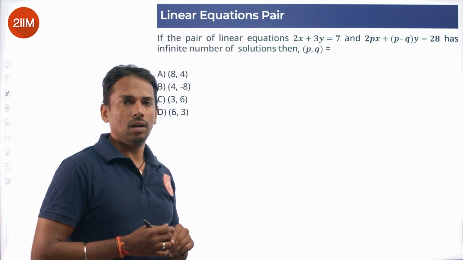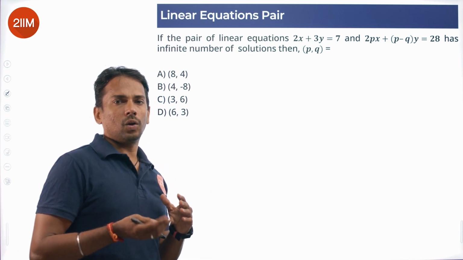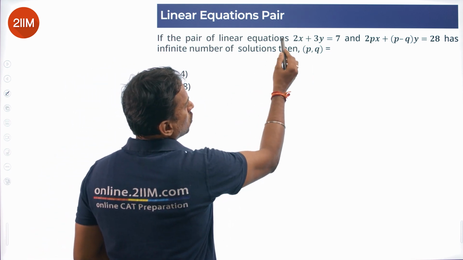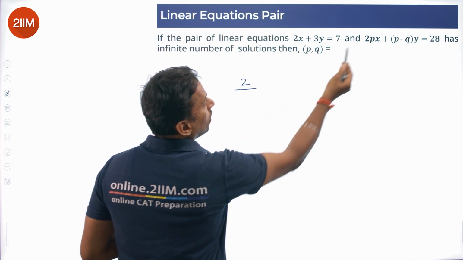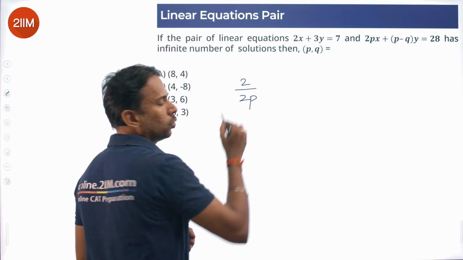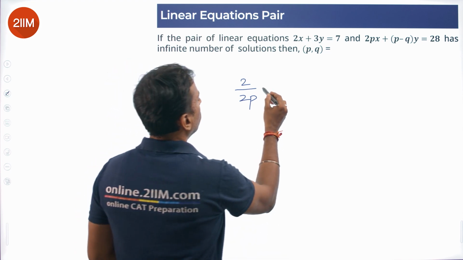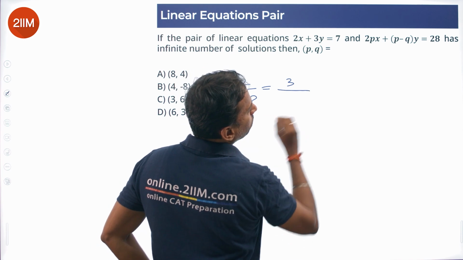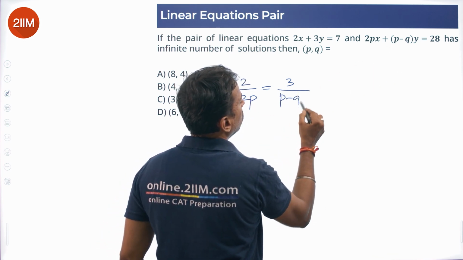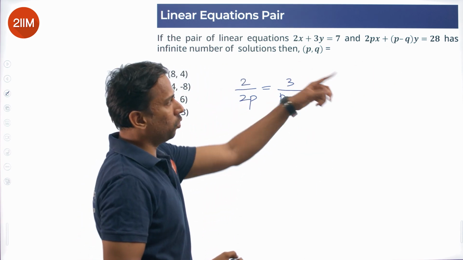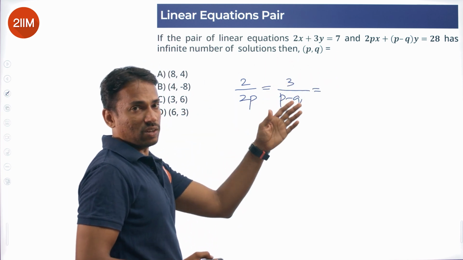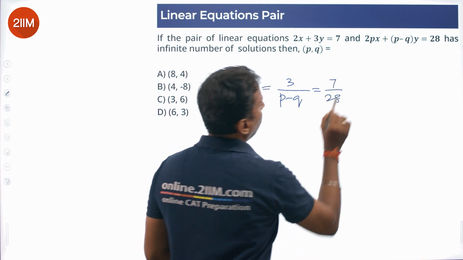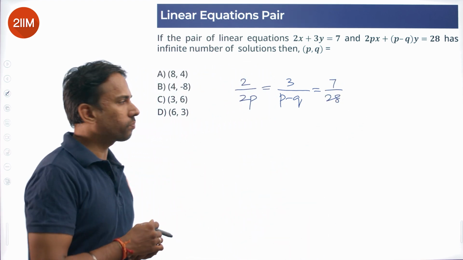That means their coefficients are going to be proportional. x's coefficient is 2 by 2p, so 2 by 2p should be equal to y's coefficient, 3 by p minus q. This is equal to the right hand side constants, 7 by 28. So all these are proportional.